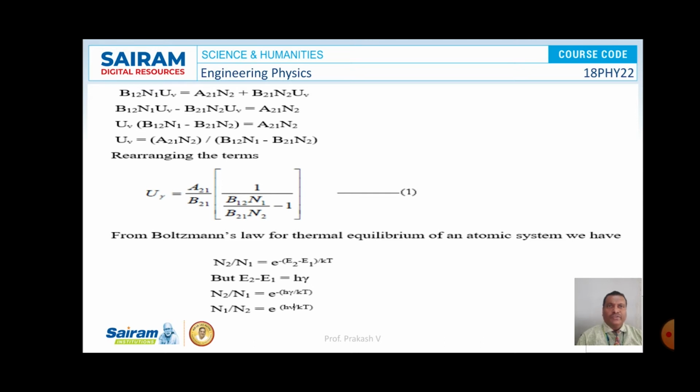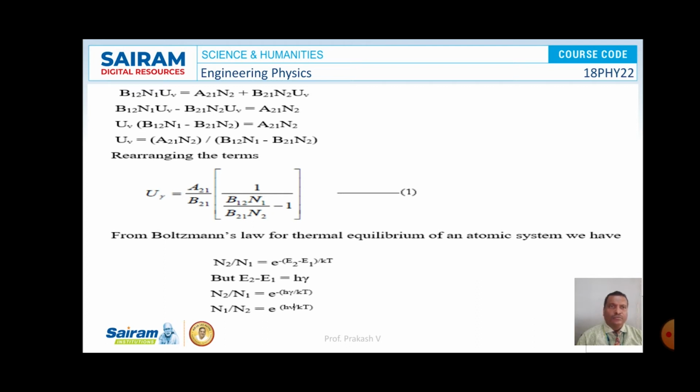On simplification, U mu is equal to A21 N2 by B12 N1 minus B21 N2. Rearranging the terms, the energy density U mu is equal to A21 by B21 into 1 by (B12 N1 by B21 N2 minus 1). Consider this as equation number 1.